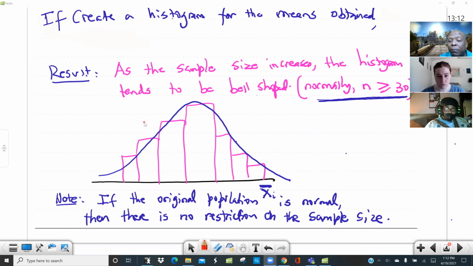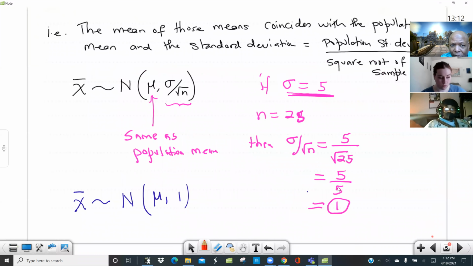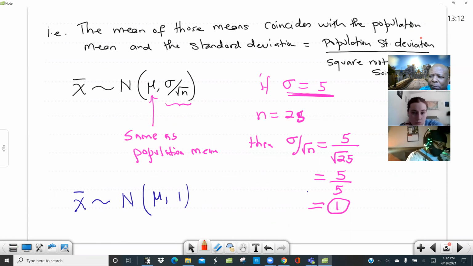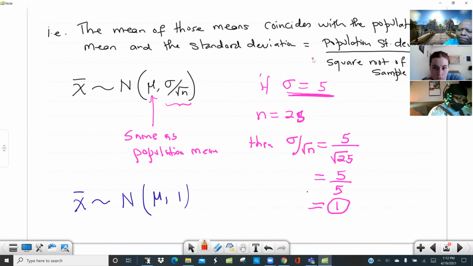The sample means will end up being normally distributed. The mean of those means coincides with the mean of the population, and the standard deviation is obtained by grabbing the standard deviation of the population divided by the square root of the sample size. That's what we're talking about here.